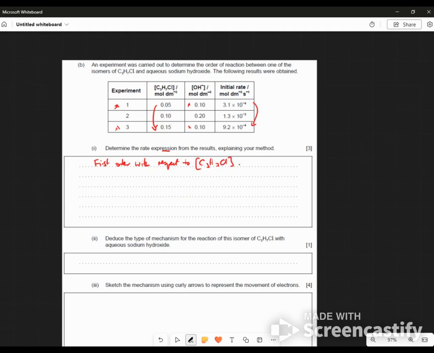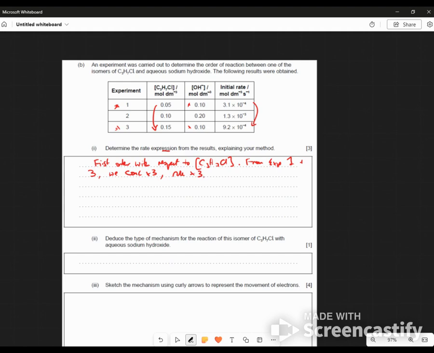Why? Because from experiment 1 and 3, the concentration was times 3, and the rate was times 3. So therefore it's first order using those two.